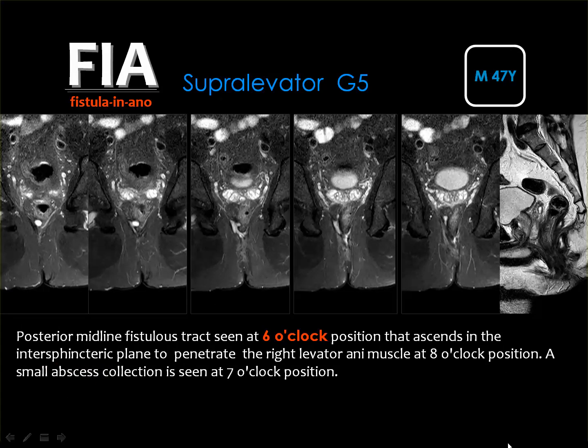Then this is a supralevator fistula, and you know that supralevator fistula is grade 5. The internal opening is at the 6 o'clock, and it has two branches, a right one and a left one.